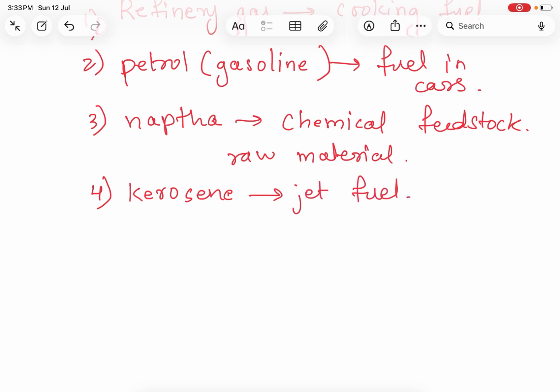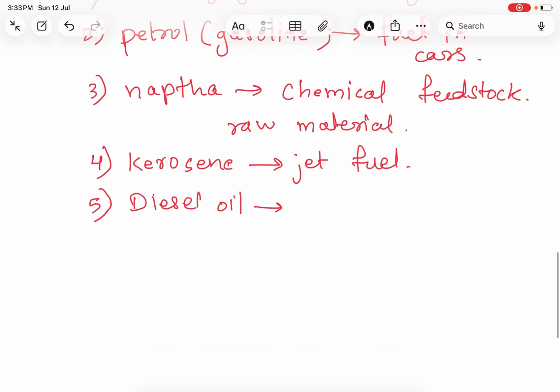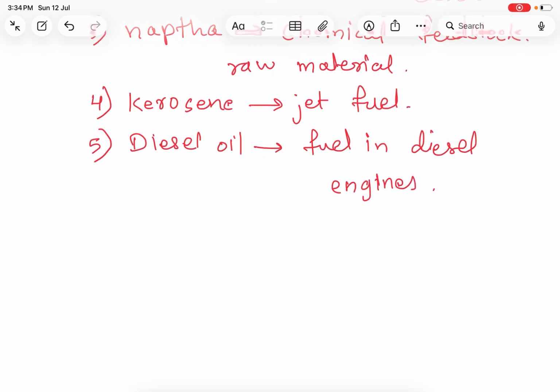Then we have diesel oil, which is used as fuel in diesel engines, trucks and all that. Then next we have fuel oil, which is used as ship fuel.